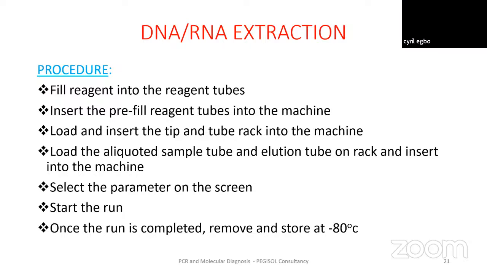Then there's an exception to this manual method and automated method. There are some machines that don't require you to do either automated or manual DNA extraction before you do your molecular analysis.